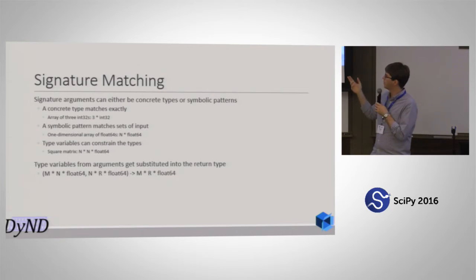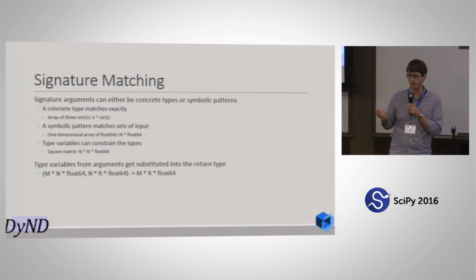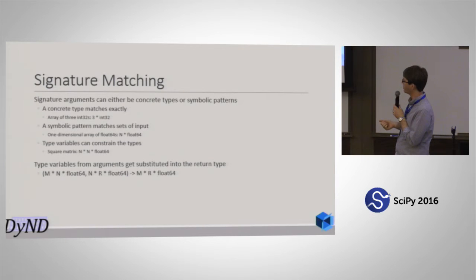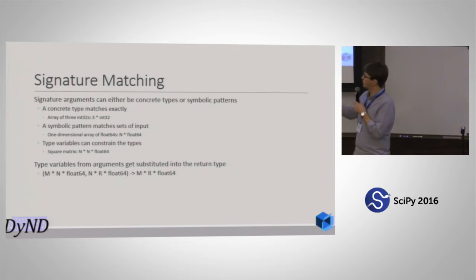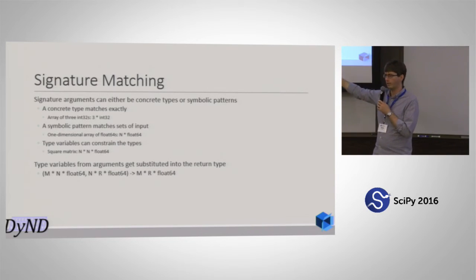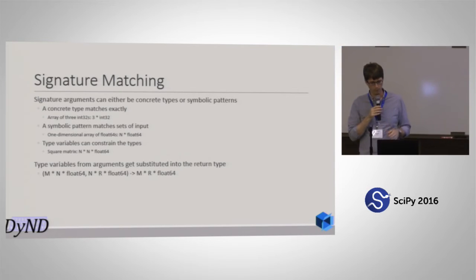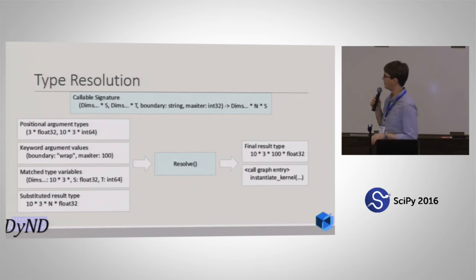Well, that's a symbolic pattern because the n is a type variable and will match against any sized dimension type there. And you can say, oh, I want a square matrix just by n times n times float64. So when it's finished matching, it substitutes that back into the return type, and that will often get you a concrete type at the end.